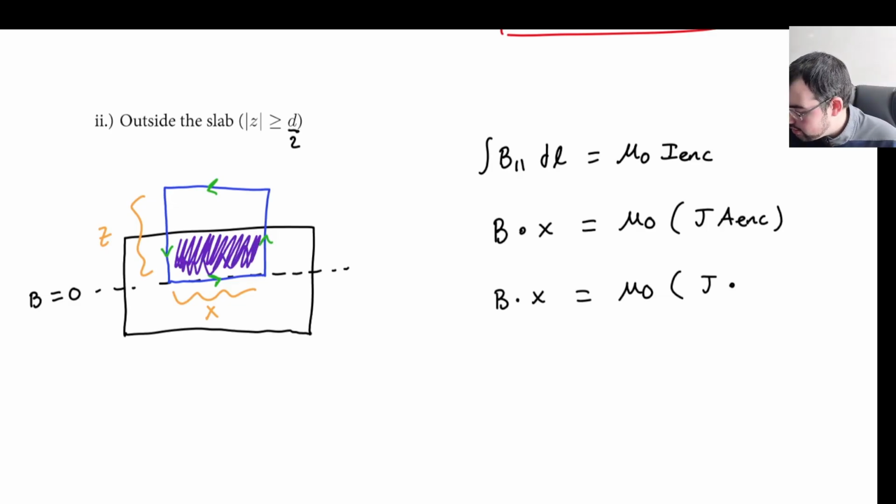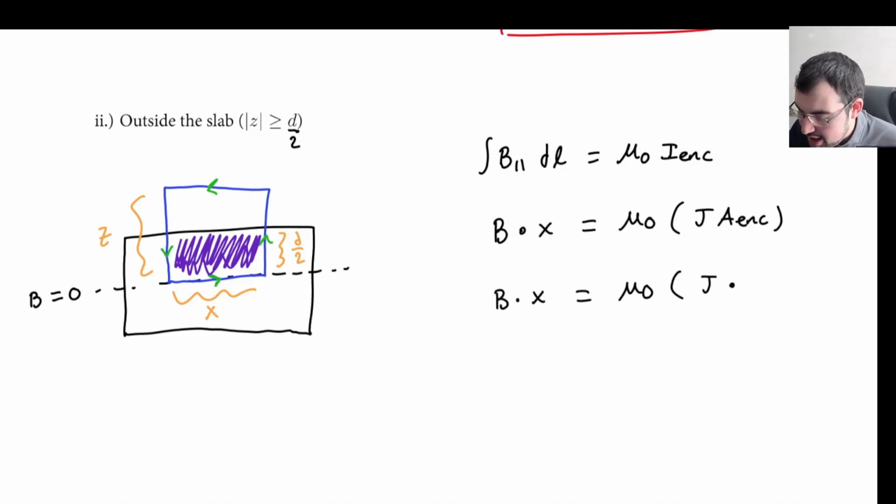And what is that? Well, this is why it matters that we're outside, because this incorporates the slab thickness. So this distance right here is going to be D over 2, because the whole slab thickness we said was D, which was my first error. I made this 2D in a prior version, didn't fix it. So that means this area right here is going to be D divided by 2.